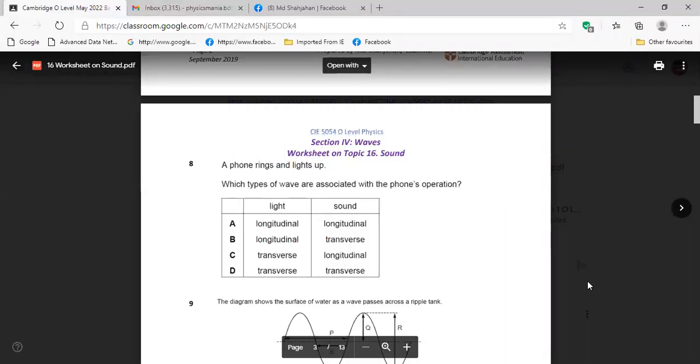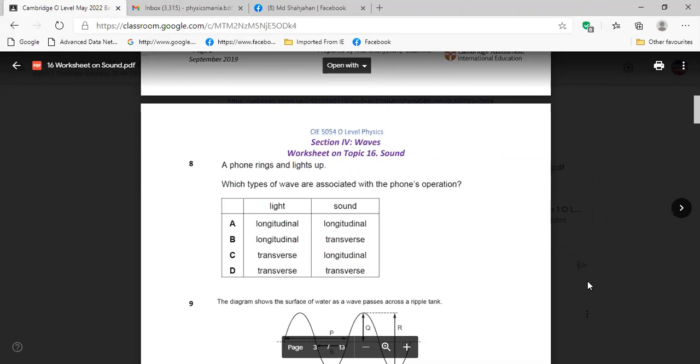In your record copy, if you check, you will find it. I gave you some examples of longitudinal waves and some examples of transverse waves, right? Do you have that note in your copy? So light is a transverse wave, and sound is longitudinal, just now we discussed.